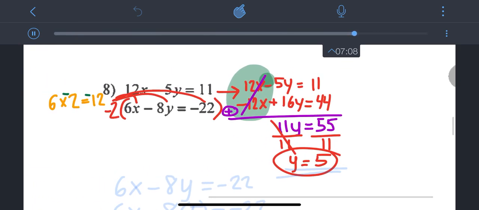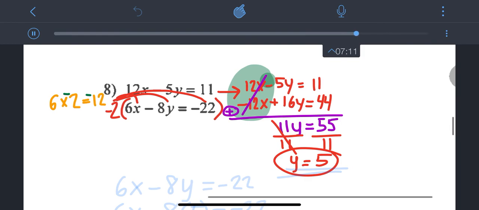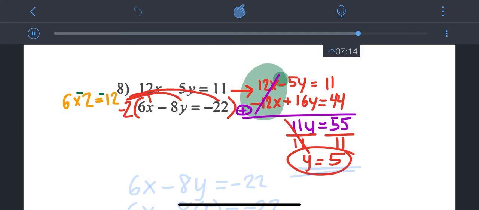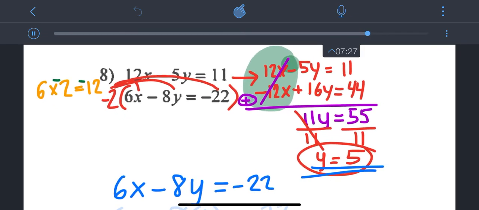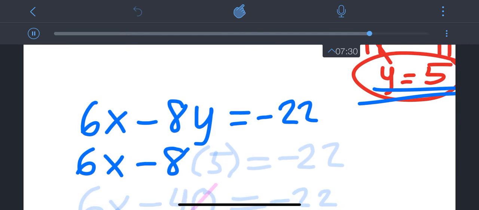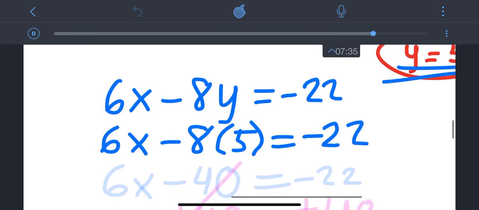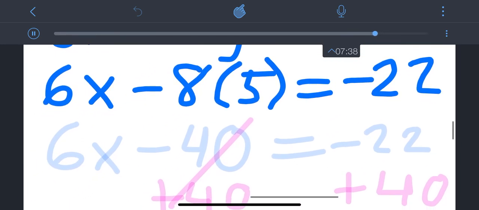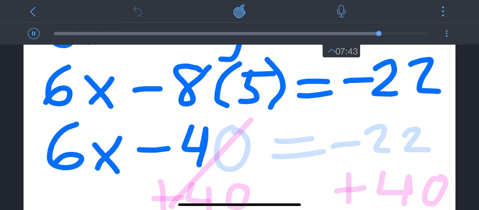Okay, so now we plug our y value in to find our x value. I'll use the bottom equation. 6x minus 8y equals -22. Well, we know that y is 5, so I'm going to have 6x minus 8 times 5 equals -22. Now let's simplify a little bit. We know that 8 times 5 is 40, so we have 6x minus 40 equals -22.